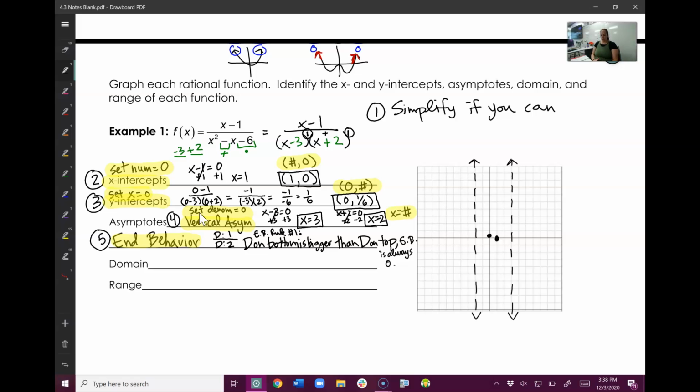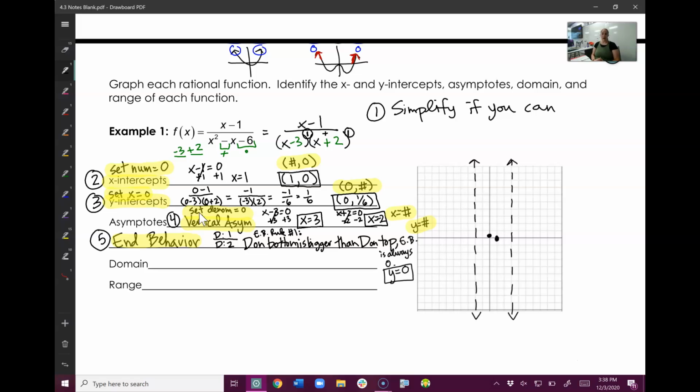Now, I always write my end behavior as y equals a number. If you remember, last chapter we used limit as x goes to infinity and limit as x goes to negative infinity. That was last chapter. This chapter we always write our end behavior as y equals a number. And since my degree on bottom is bigger than my degree on top, my end behavior is going to be y equals 0.